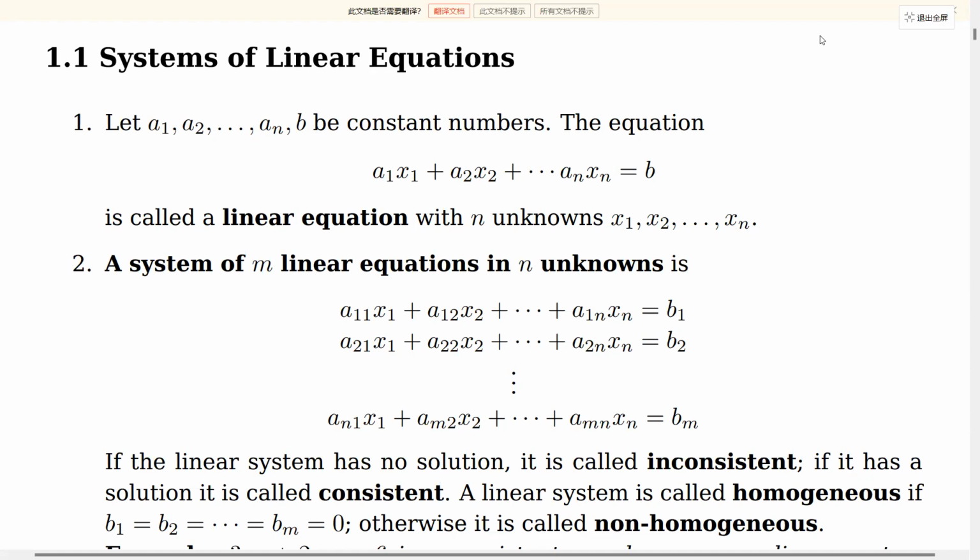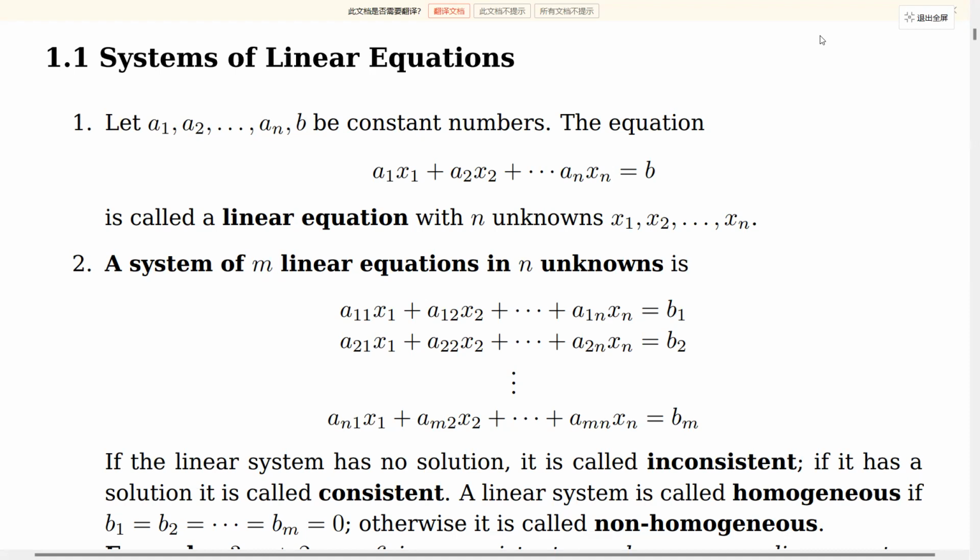The first thing is, what is a linear equation? Suppose you have a bunch of variables, x1, x2 to xn. Those will be n variables that you need to solve for. They are unknown. And there are also a bunch of numbers that are given in the problem.